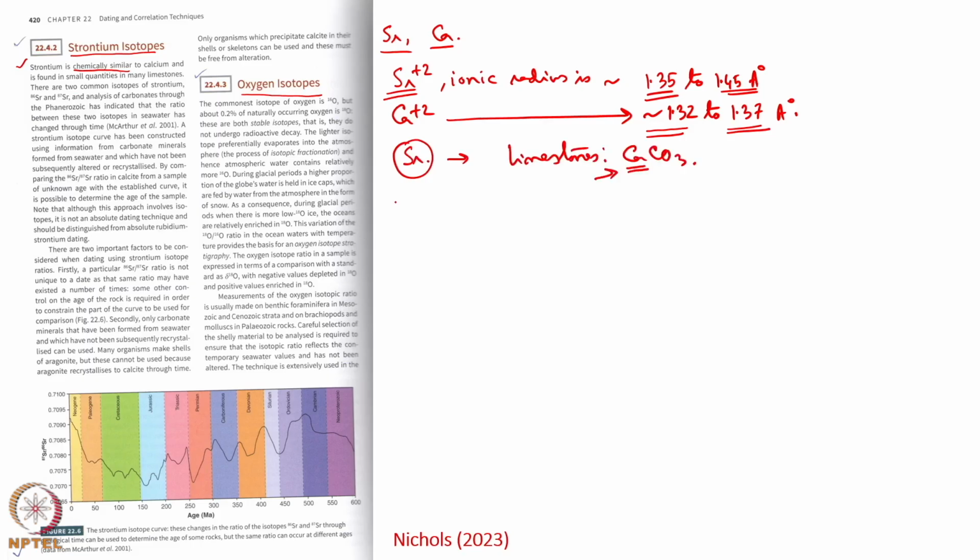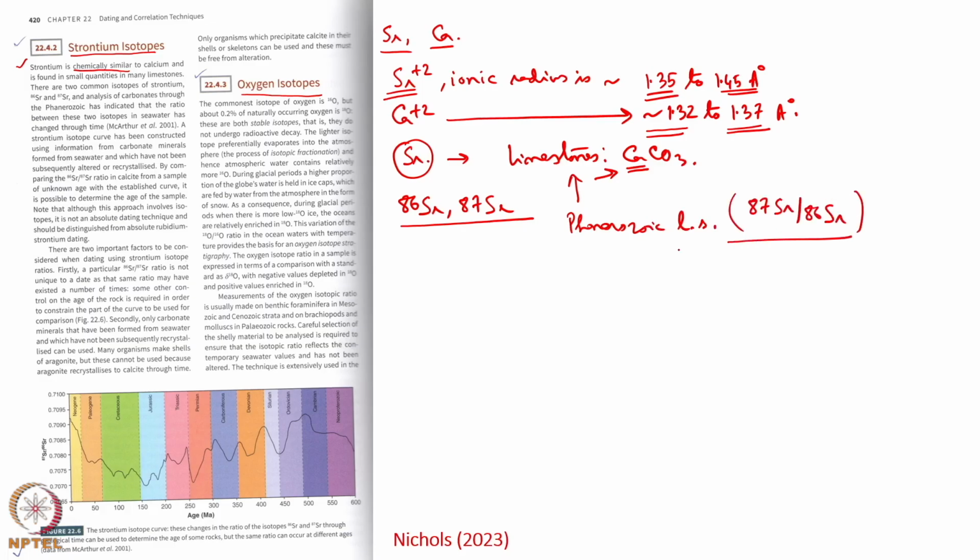There are 2 common isotopes of strontium, 86Sr and 87Sr. And if we study the Phanerozoic limestones, we can find out how the ratio between the two isotopes, that is 87Sr/86Sr, has varied within the Phanerozoic span. These limestones are mostly found in the shallow sea.